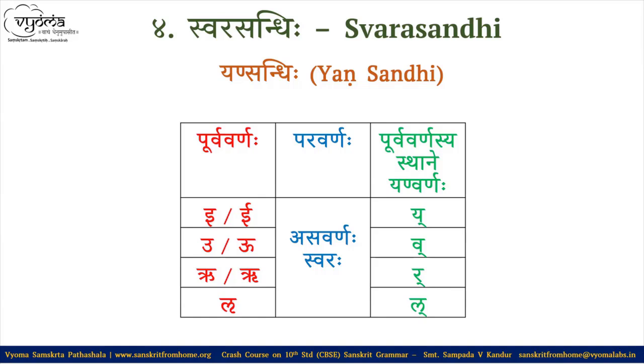How should I read? I or I changes to Ya, U or U changes to W, Ru or Ru changes to R, Lu changes to L. Yes, Dikshan. Shall I tell once again? It is I or I changes to Ya.